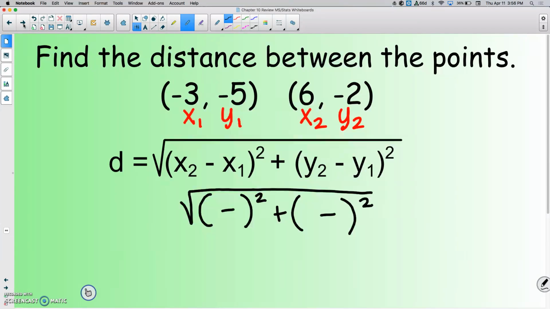And then substitute to replace. x2 is 6, x1, -3, y2, -2, y1, -5.